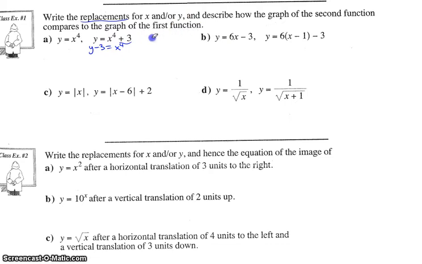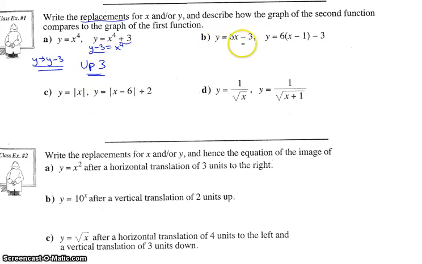It's not that, so we're going to move it over, and now we can see that y was replaced with y minus 3. So how does the graph move? Well, the graph would have been vertically translated up 3 units. There's our replacement, and it moved up 3. All right, let's look at b here.